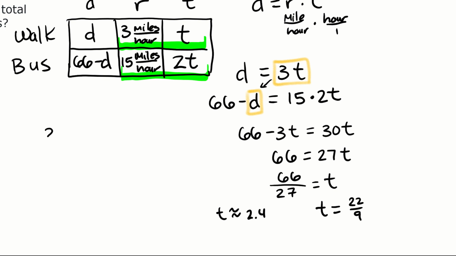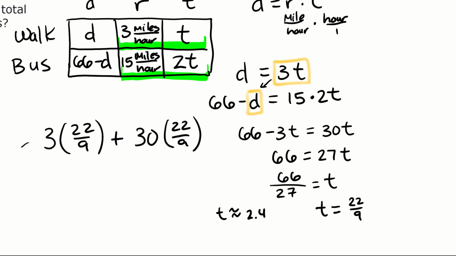I'm going to go 3 times 22 ninths. That's the distance he traveled on the bus. And then plus 30, which is 15 times 2, times t, 22 ninths. If this equals 66, then we've reached happiness.